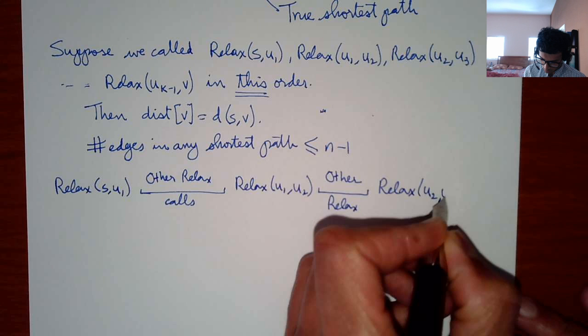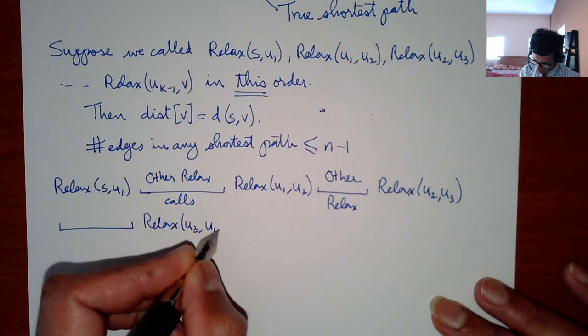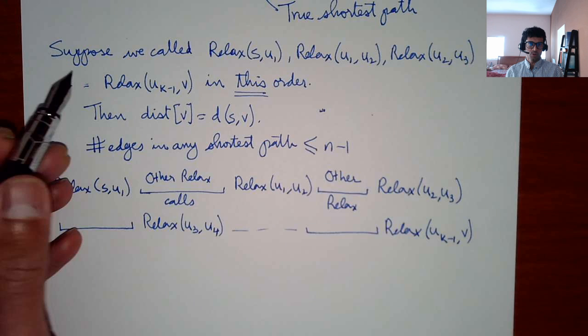I don't know what these calls are. They could be anything. It doesn't matter. And then we call relax U3,U4, and so on, and then another bunch of relax calls, and then relax U(k-1),V. First, suppose you called it in this order exactly, one after the other. Then the distance of V is going to be d of S,V.